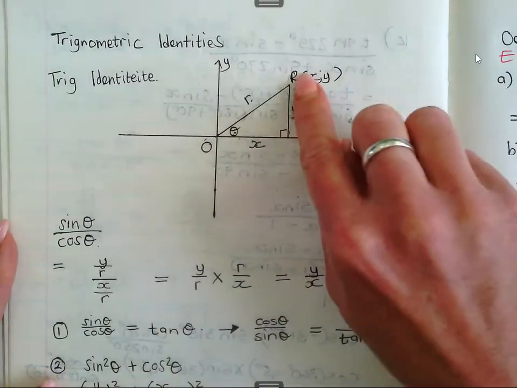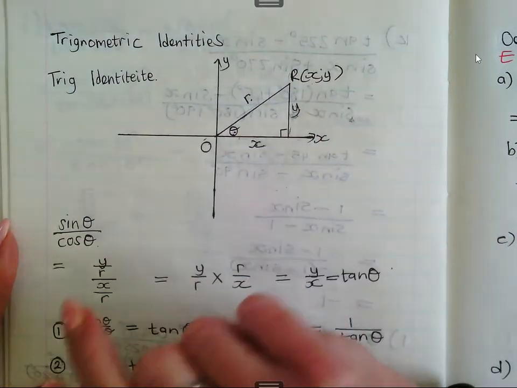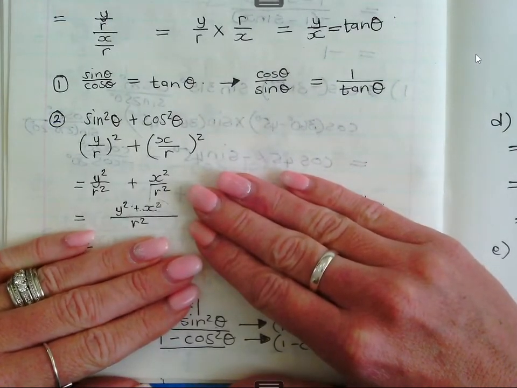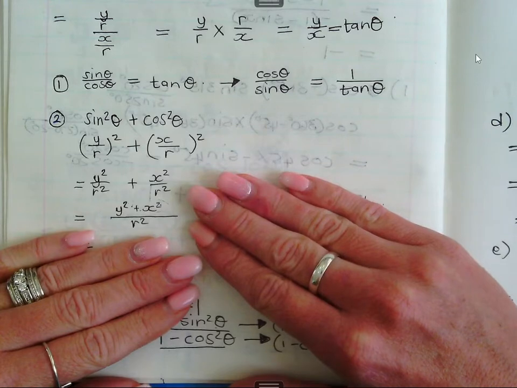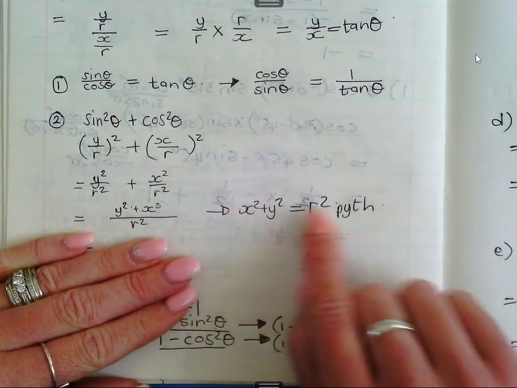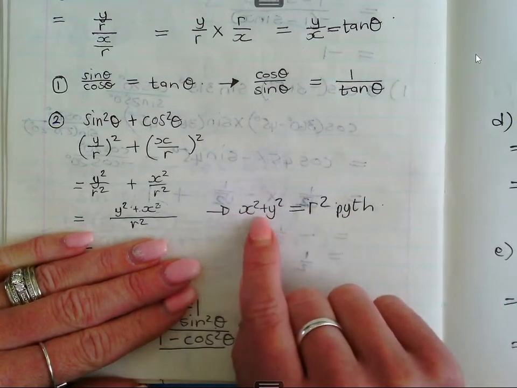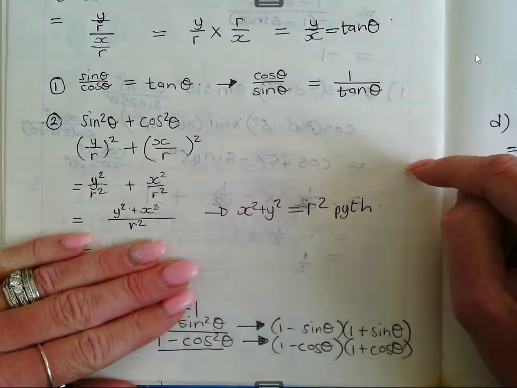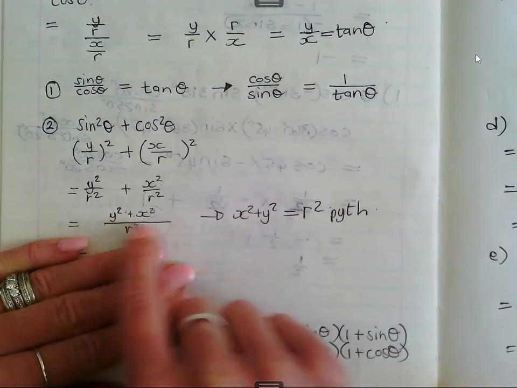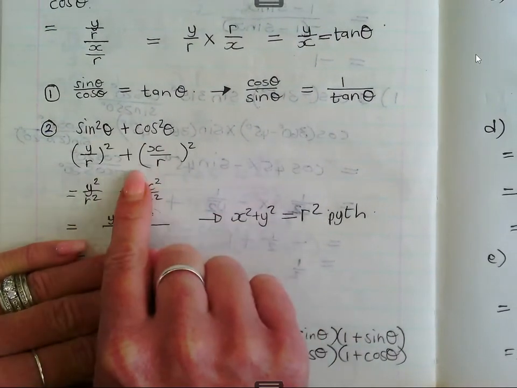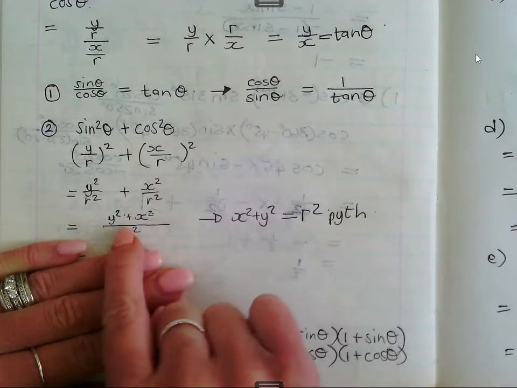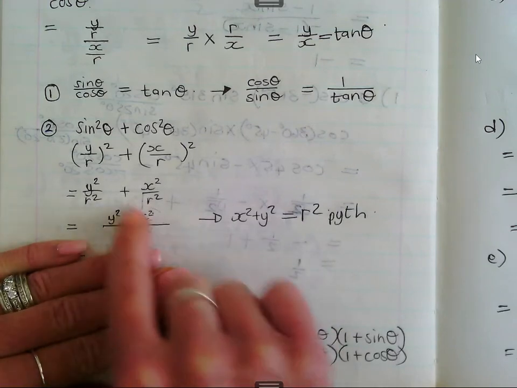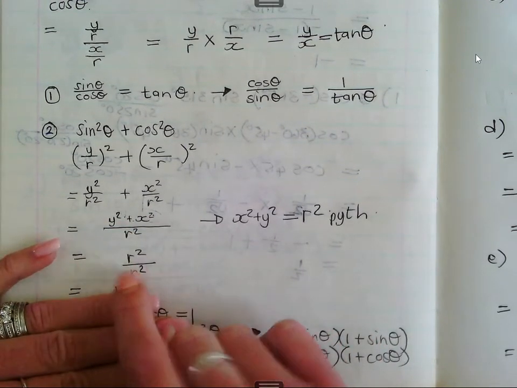Do you see that the numerator is y squared plus x squared? So that one I got because of adding those two. When I look at that numerator, it looks like Pythagoras, and it is. So I take that out and I substitute back in the r squared.